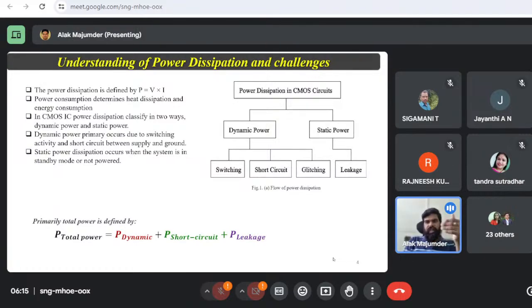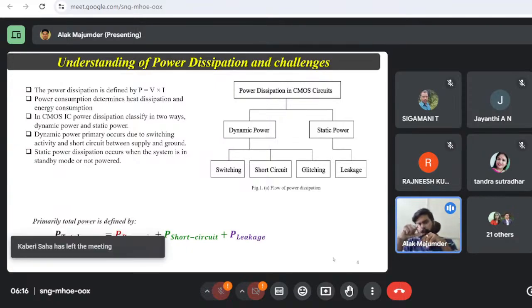Static definitely has a few parts which can come from different sorts of leakage. The gate can have leakage, then there can be subthreshold leakage, and there can be reverse-biased PN junction leakage. If I have a MOSFET device, the substrate with the source and drain creates two PN junctions, right?